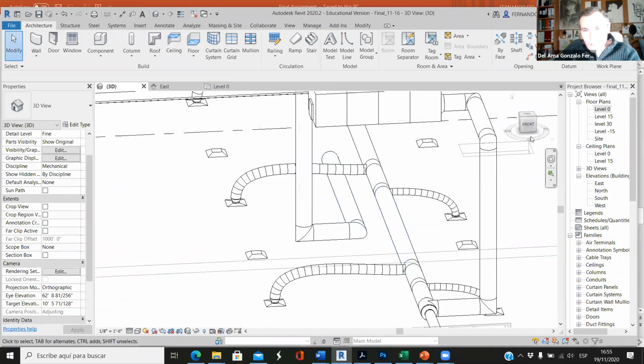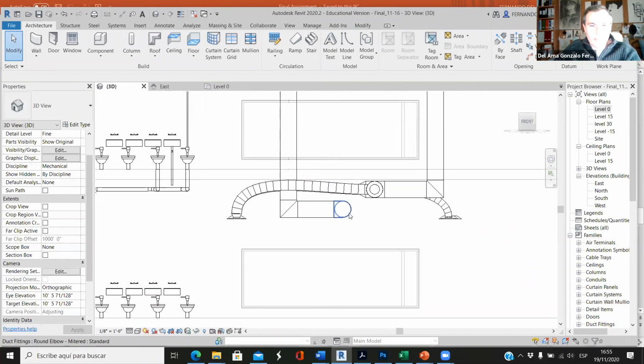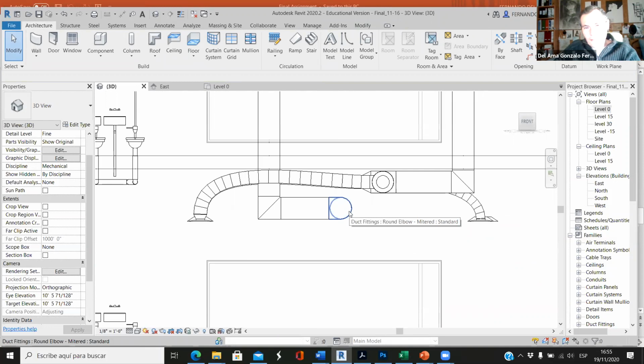Okay, so I think it's working well. Let me see from the front. Yeah, it's working well because this is the horizontal return duct, and this is the flex duct here. So apparently there are no conflicts. So there is no intersection, and it's working well.